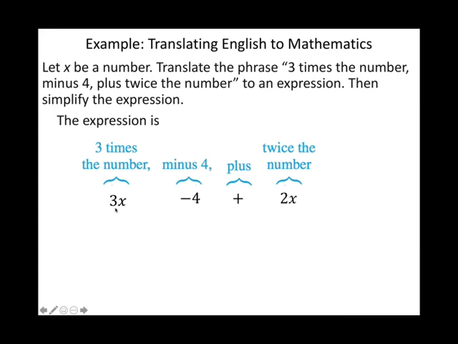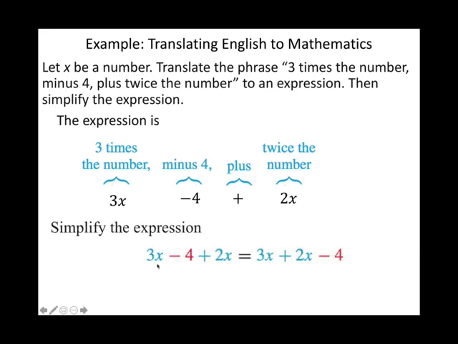So I have the expression 3x minus 4 plus 2x. And then I want you guys to simplify it. You know these two are going to be your like terms. You're going to rearrange it and then combine it. So I have a 3x plus 2x minus 4. Combine the like terms, 5x minus 4.